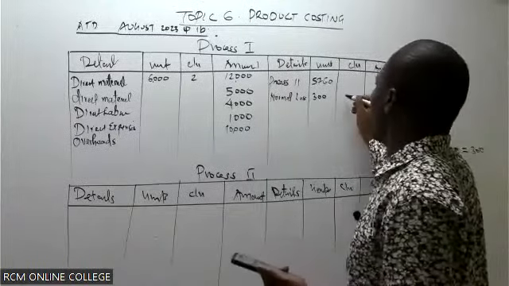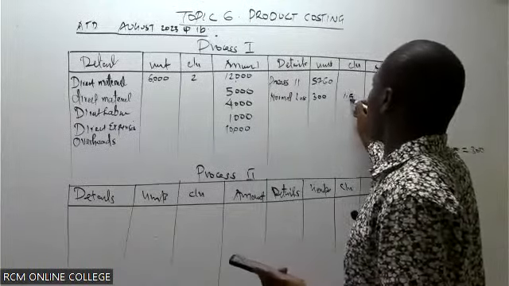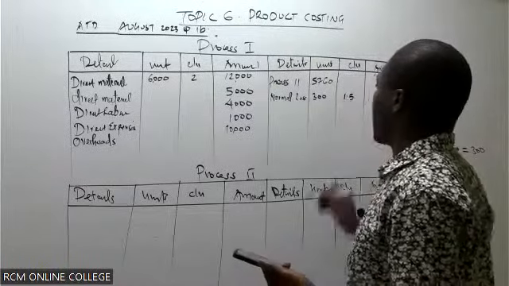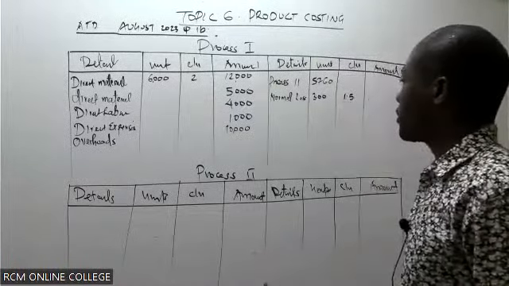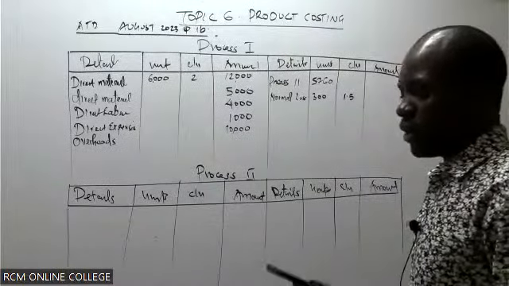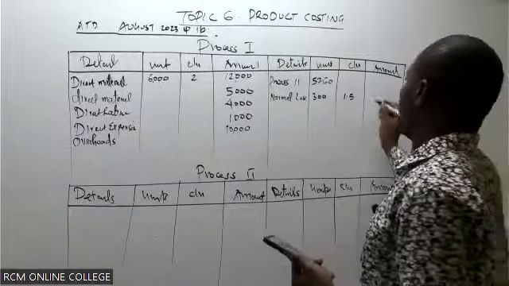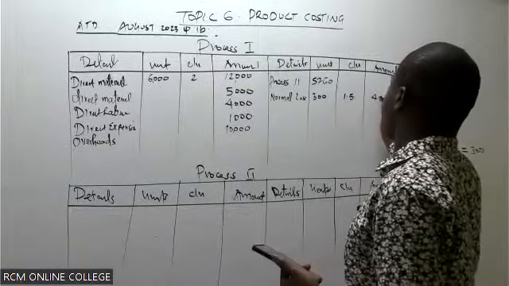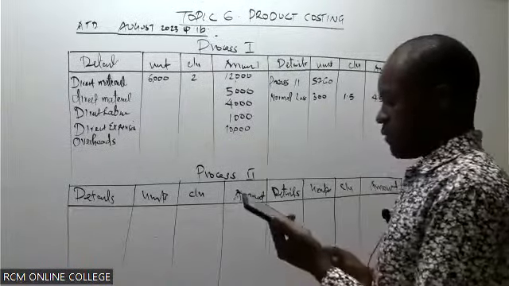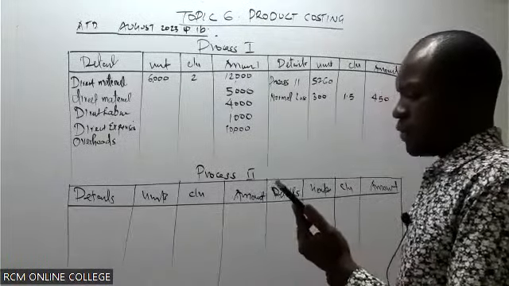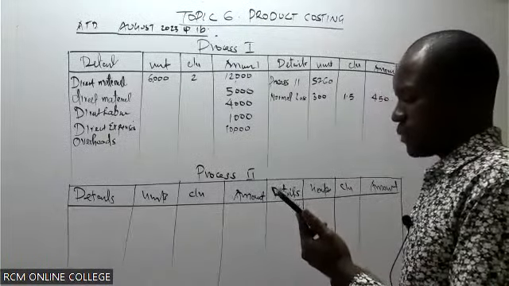So that's what I bring here, 1.5. 1.5 by 300, utapata ngapi? 450 shillings.